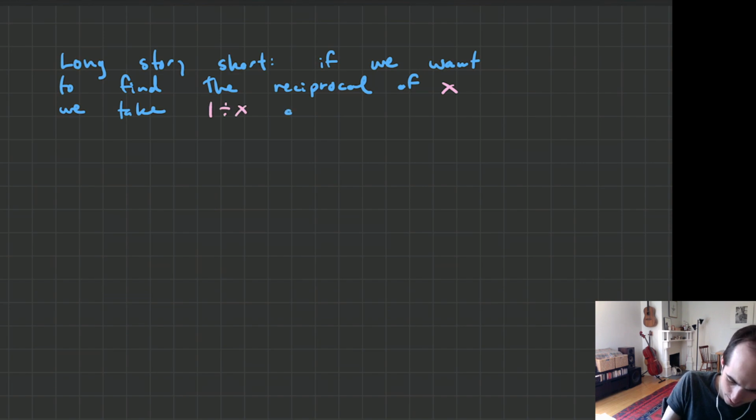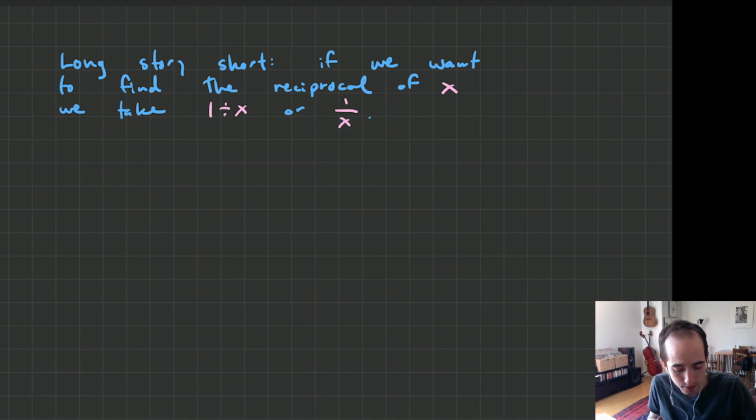Or if we want to stay with fractions, we would do 1 over x. So that's our long story short. That's really what we're doing: we're going to be taking, not just a value, but a whole function, and we're going to do 1 divided by that function. And that's what a reciprocal function is.